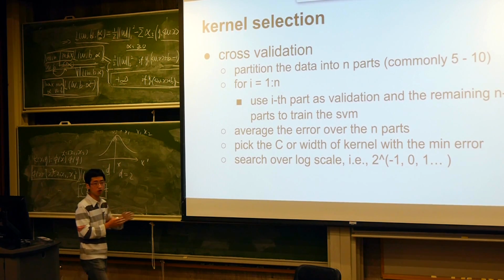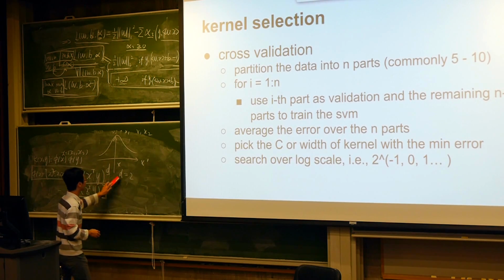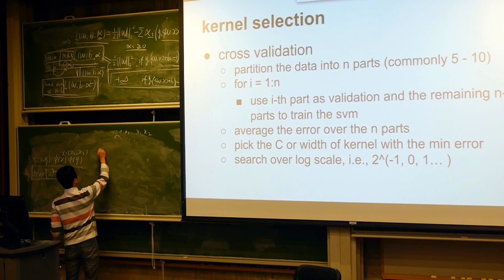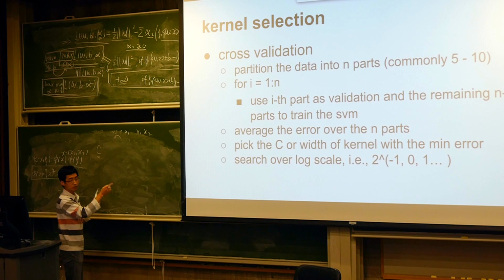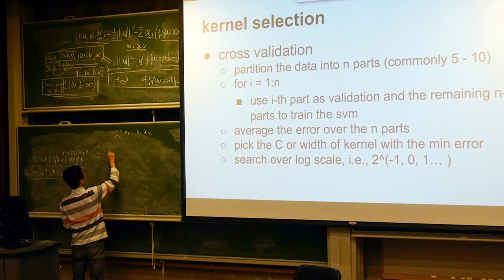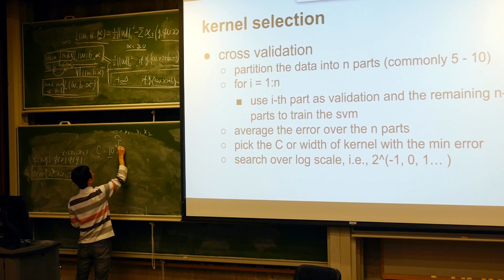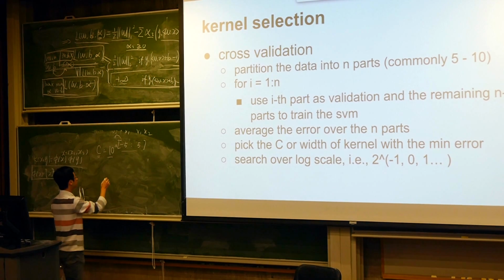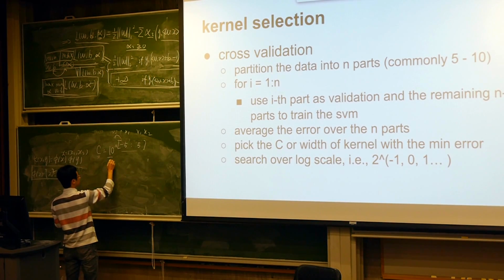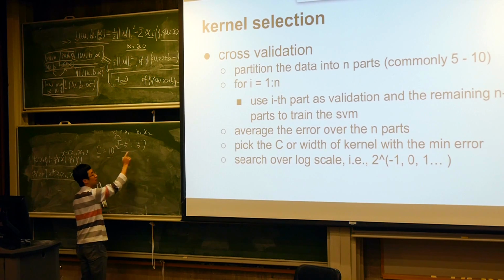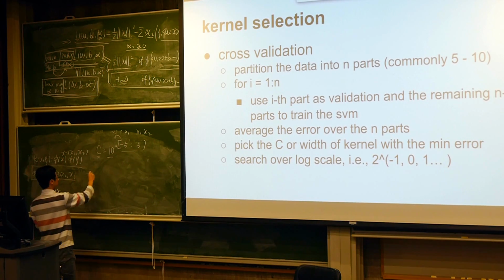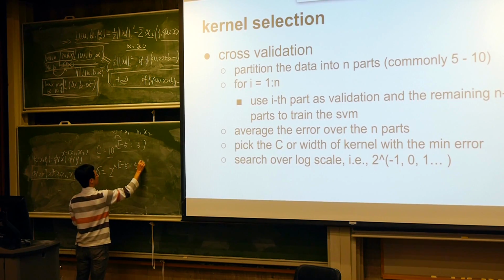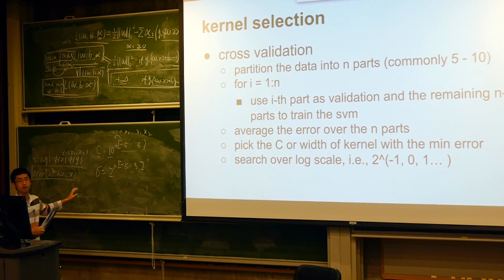So usually we search over the log scale. Suppose we want to pick C, then we search over the log scale, which we can set to be 10 to the power of minus 5 to 5. So this is MATLAB notation. We search over 10 to the power of minus 5 to 5. For the width, we can do it similarly, searching over the log scale.